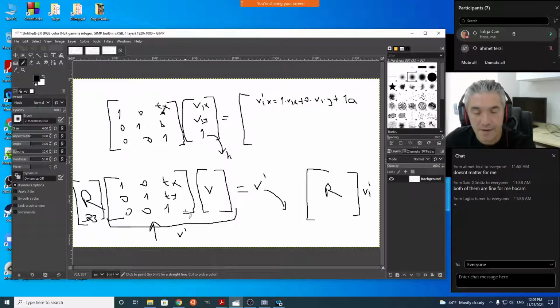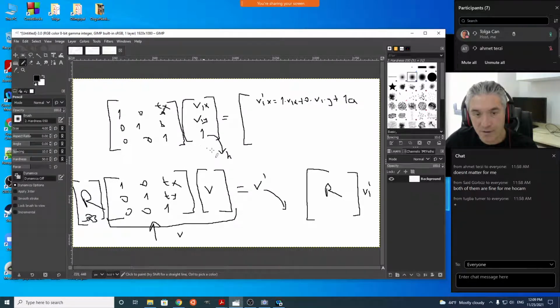And the good thing is that matrix multiplication is associative. In other words, instead of finding v prime first and then applying R to that step by step, and don't forget that we'll be doing this instruction on thousands of vertices in certain scenes, so doing this in sequence means doing multiple instructions.